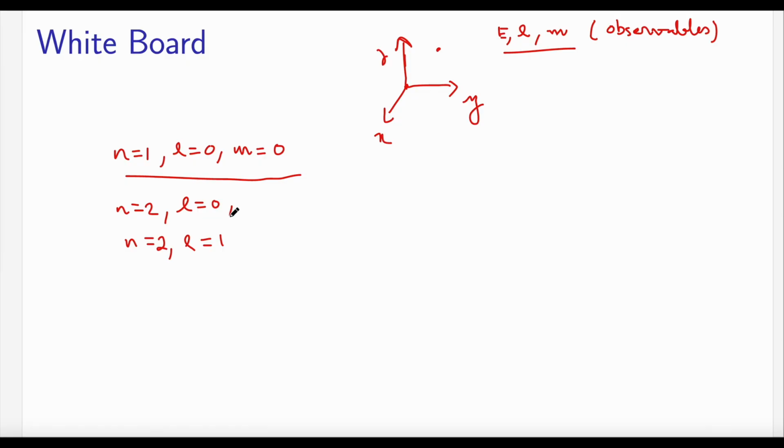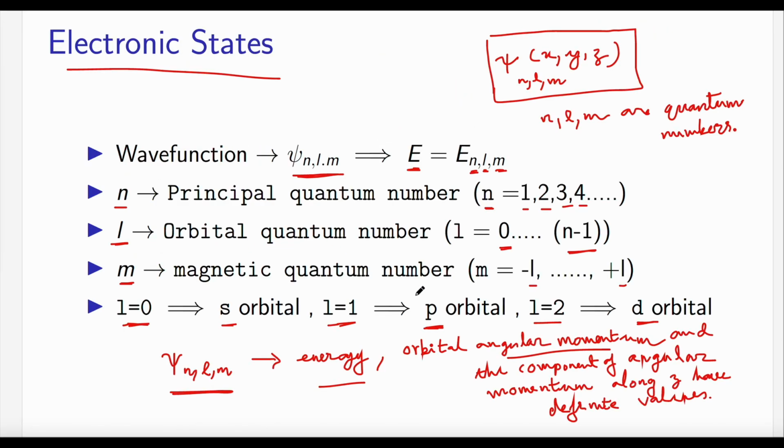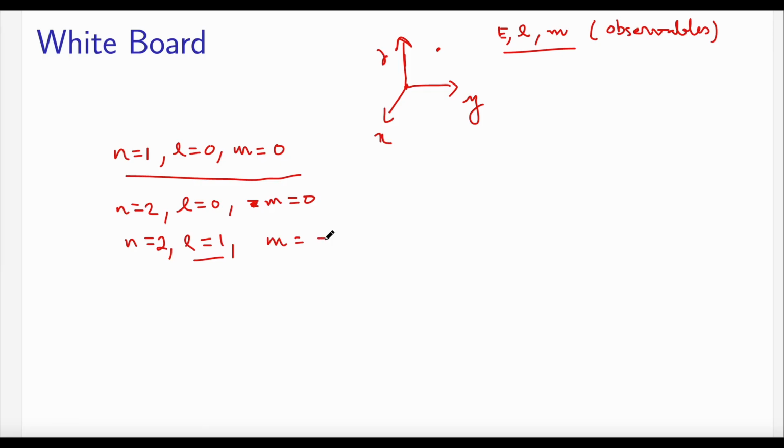Okay, and when L is equal to 0, what are the possible values of m? That we know already. Only one value, that is 0. But if L is equal to 1, then what are the possible values of m? This we know from here. So minus L to plus L, that is, it will be minus 1, then 0, and then plus 1.